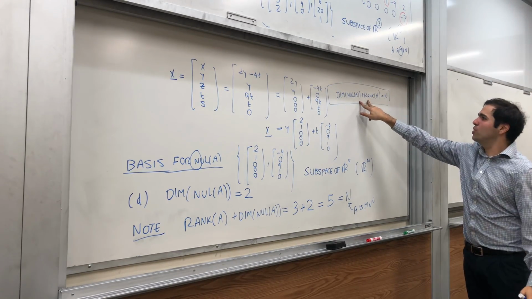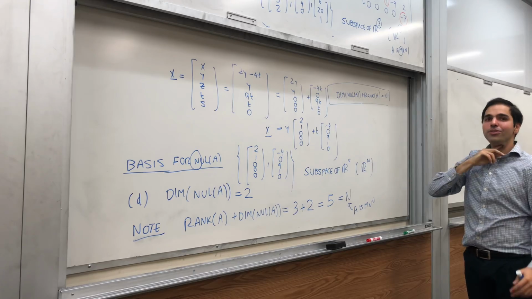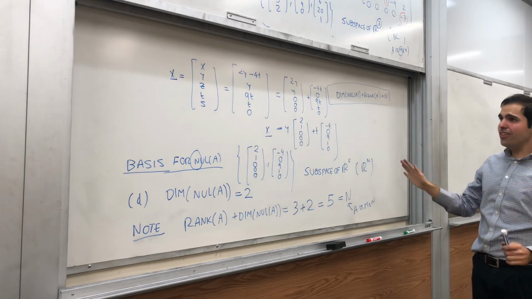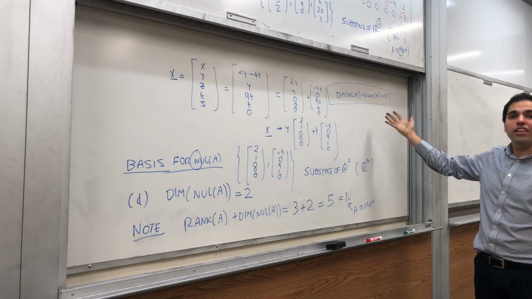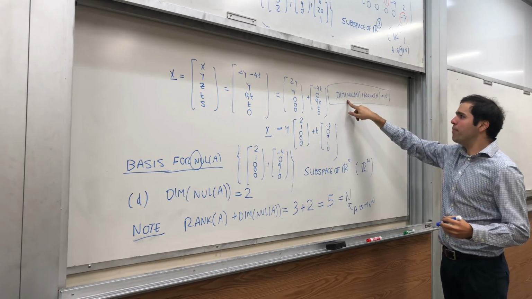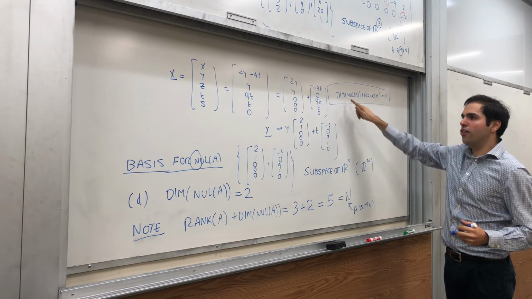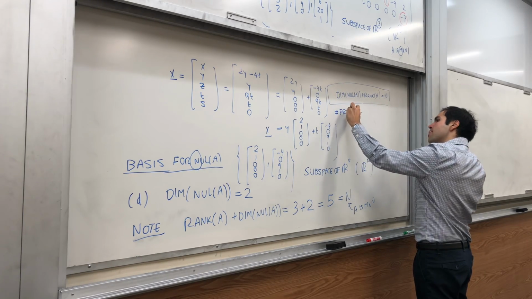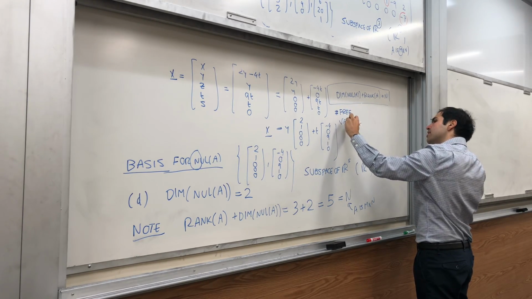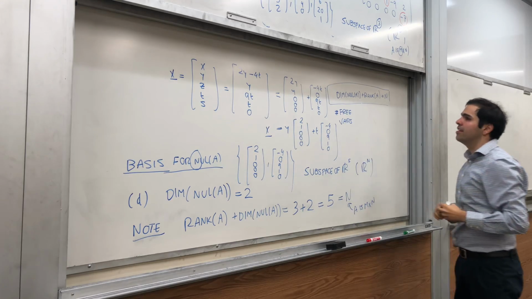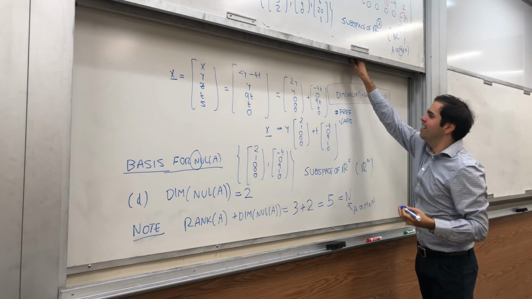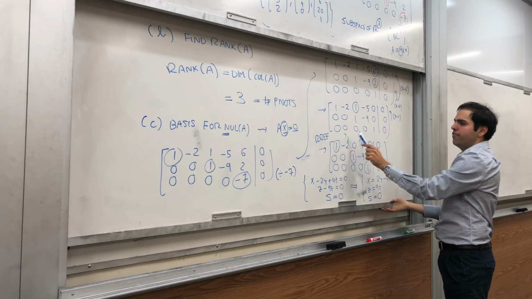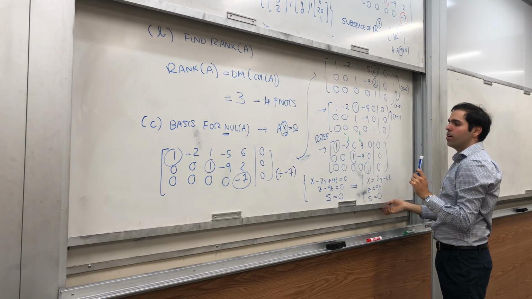If you add the two dimensions, then you get a fixed number, which is n. Also, another way to figure this out, remember the dimension of the null space of A gives us the number of free variables. The rank of A, you see, for example, here we had 3 pivots, but the free variables were in columns 2 and 4.